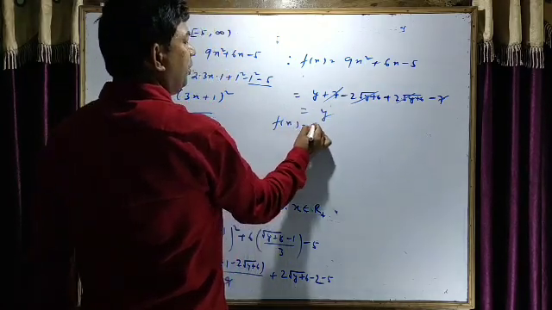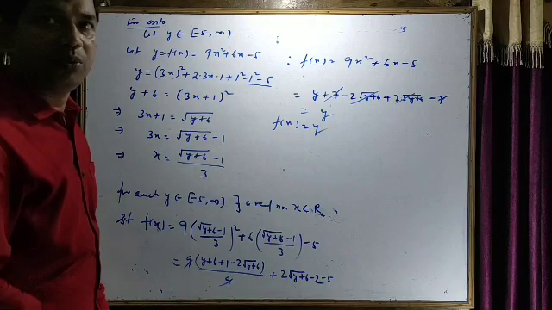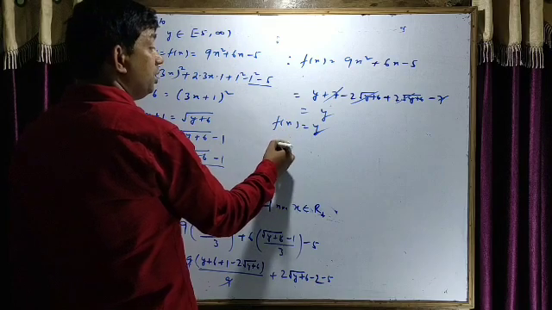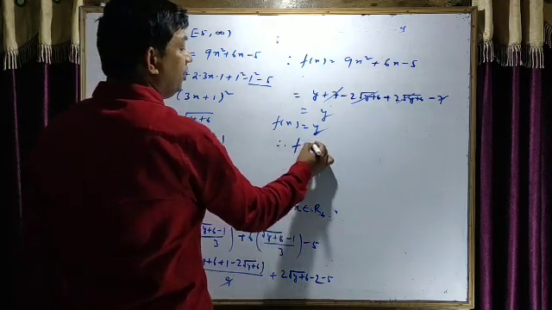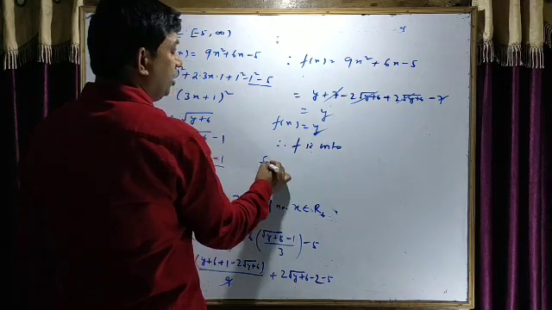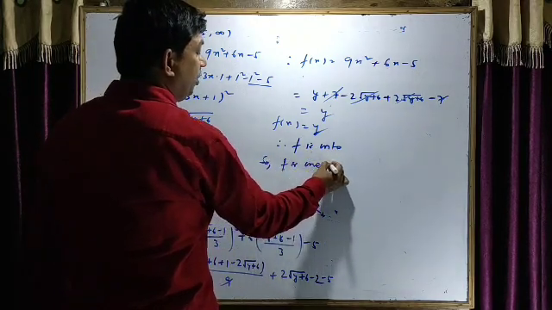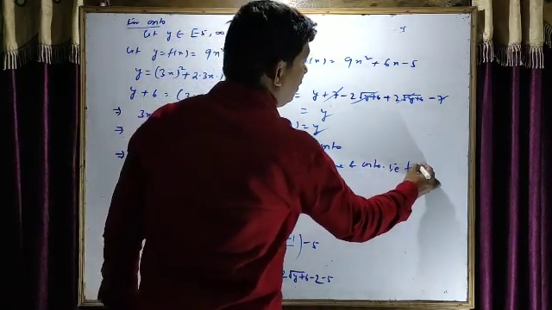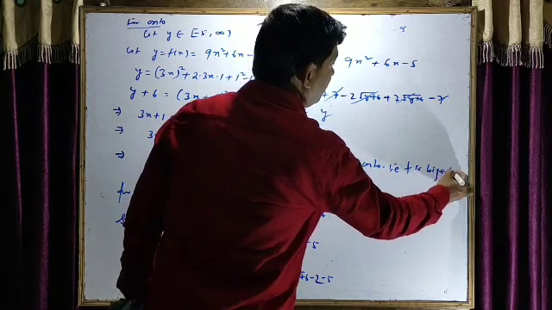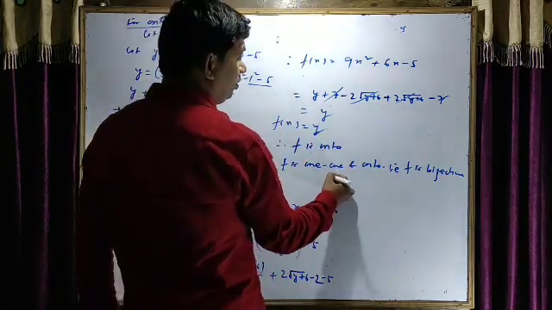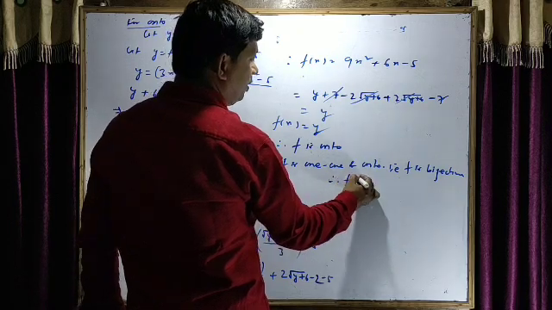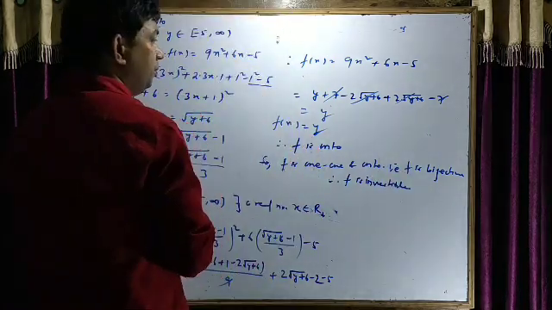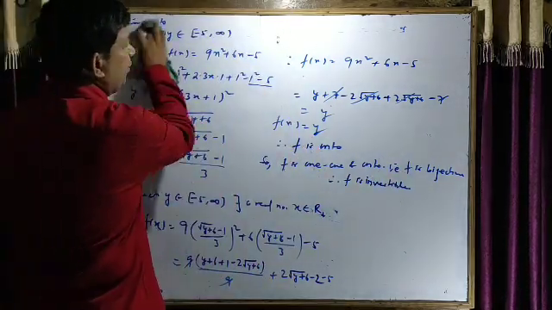So f of x equals y means range equals codomain. Therefore f is onto. So f is 1-1 and onto, that is, f is bijective. Therefore f is invertible. Now we have to find f inverse.